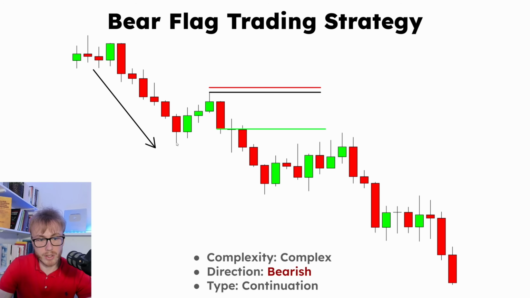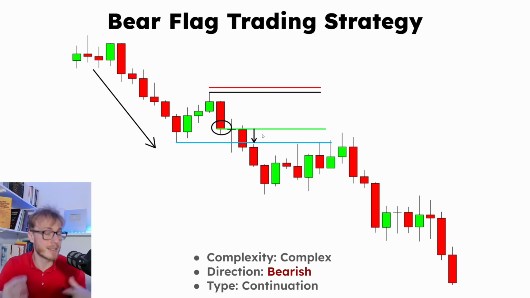When it comes to target levels, we have multiple options. One way to set your target is to actually set it already at this point right here. But you can see in this case, when we enter right here, the distance to the profit is very, very small. So in this case, it might not make sense to use this profit target. Instead, you can use something called the 100% measure move.